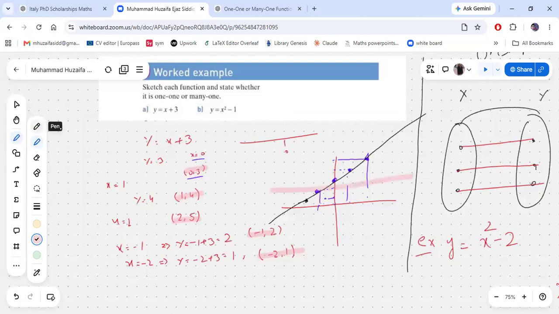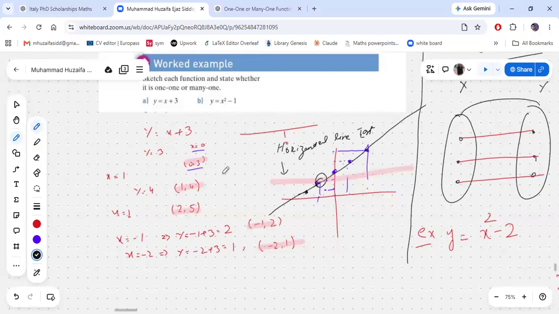Look at here. This is our horizontal line test. On the basis of this test, the line touches the graph at one point, not more than one point. That's why we are saying that this function is one-to-one.